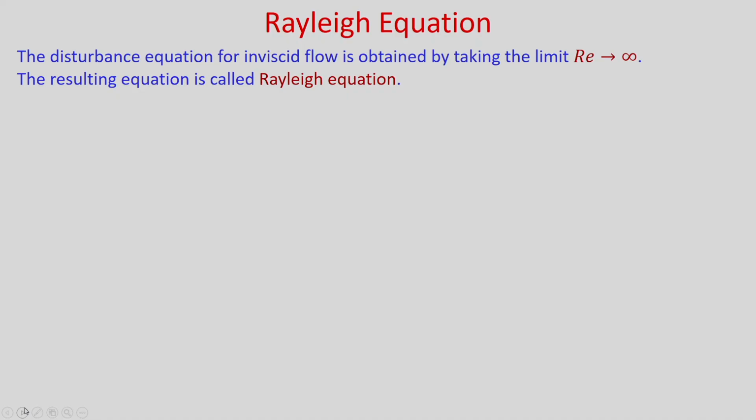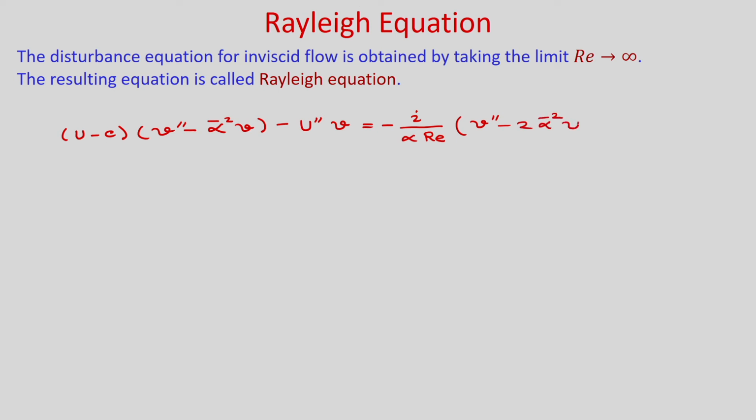So now we can write the Orr-Sommerfeld equation. We have (u minus c)(v double prime minus alpha square v) minus u double prime v is equal to minus i over alpha Re times (v double prime double prime minus 2 alpha square v double prime plus alpha to the power 4 v).